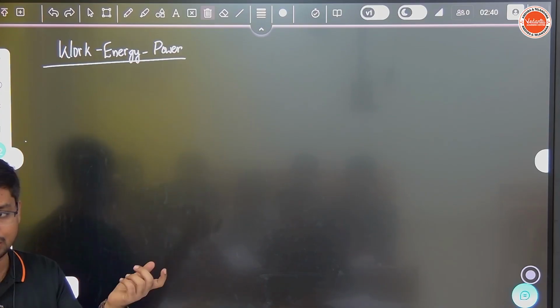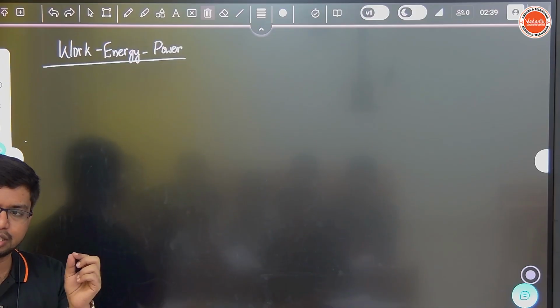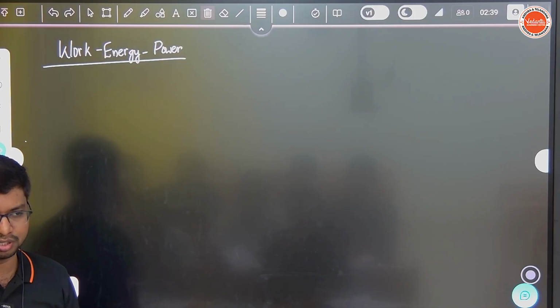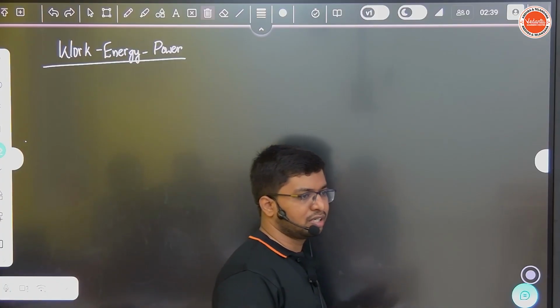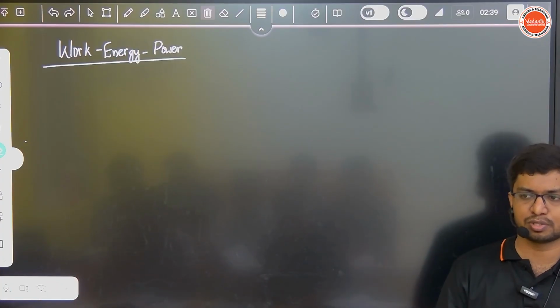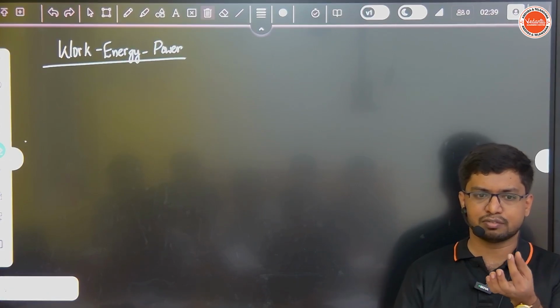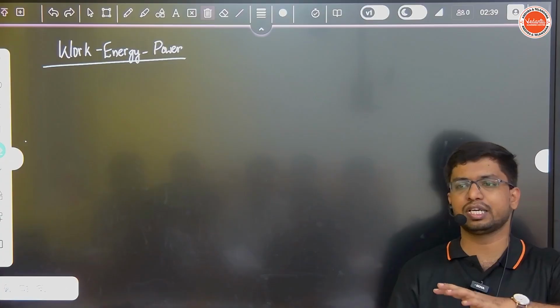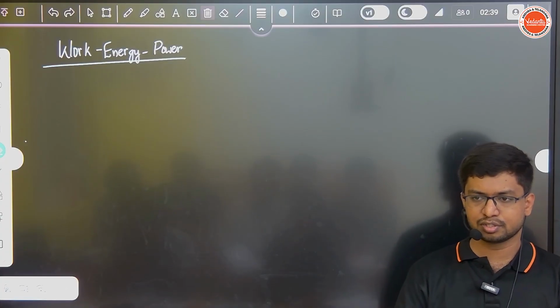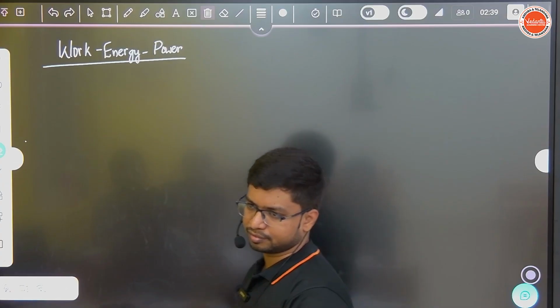Even the molecules in a solid particle are actually vibrating about their mean positions, because of the temperature which they are possessing. Getting the point, right? So that vibrational kinetic energy itself you call the heat energy of that particular body. Understood? Then what are the other energies that we have?